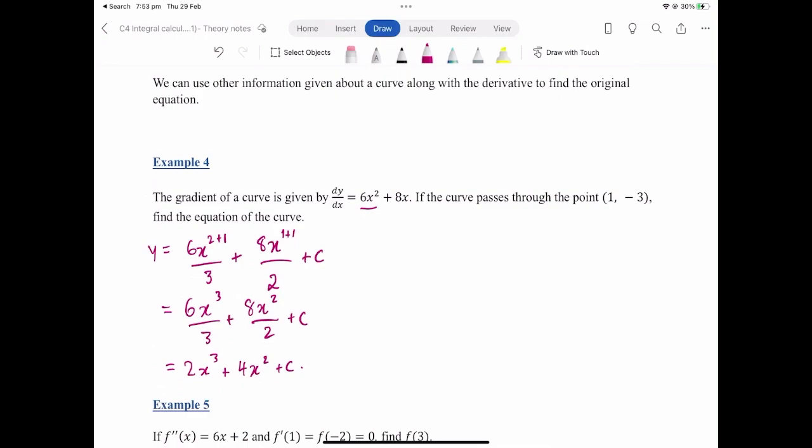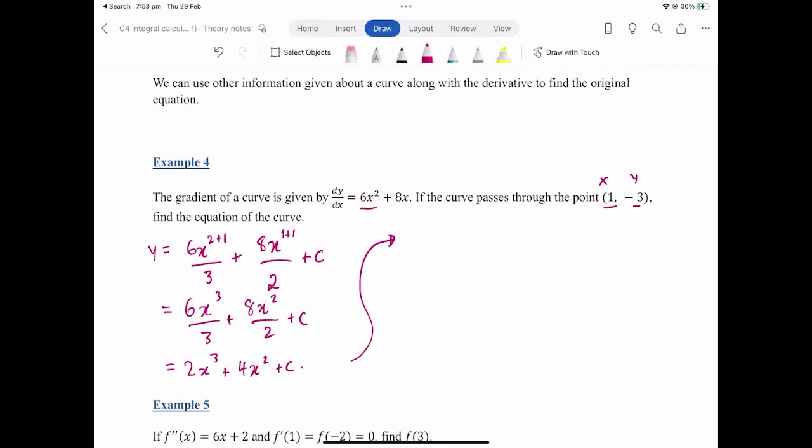Well, now let's find what that constant term is so we can find the exact function. Because remember, adding a constant term to the end of a function just shifts it up and down. So we want to work out where specifically this function is. We've been told that we've got the point (1, -3).